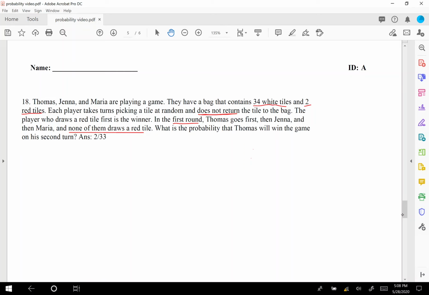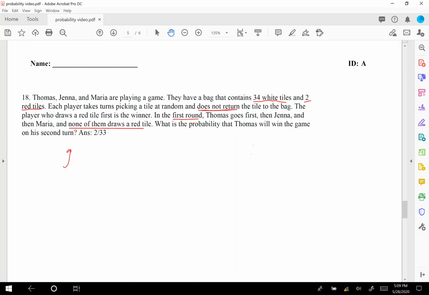Okay, so to win the game, we have to get a red tile. So we have to look at what is the probability of getting a red tile after, key thing is after, because this is our condition, 3 white tiles have been drawn.